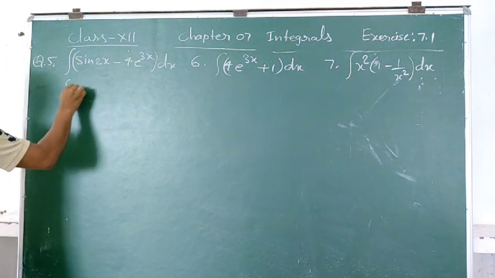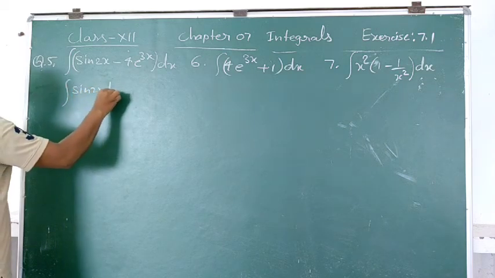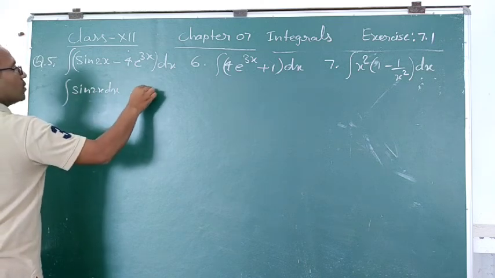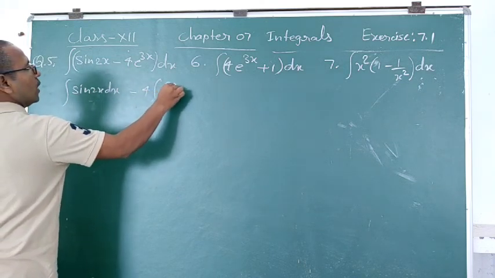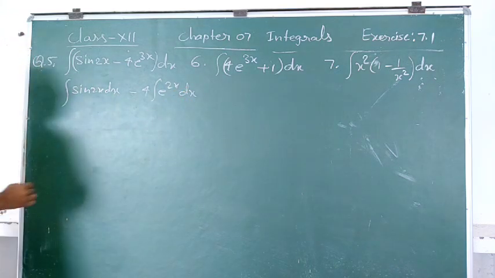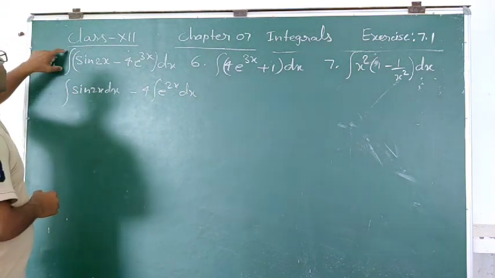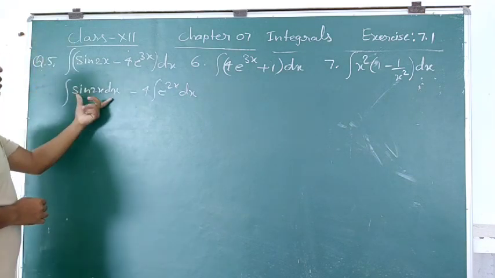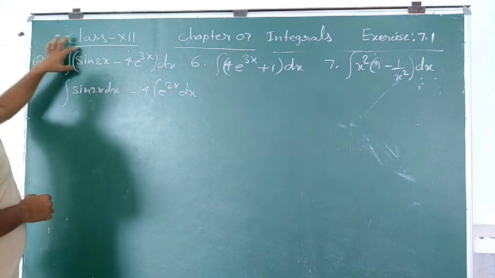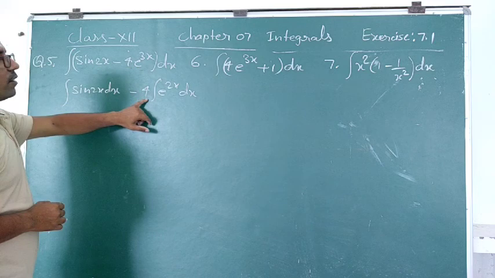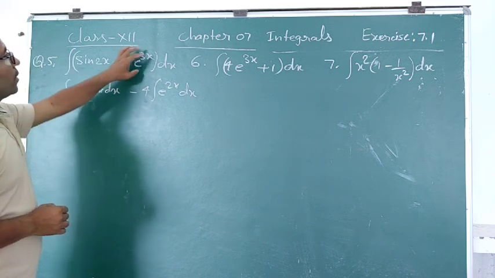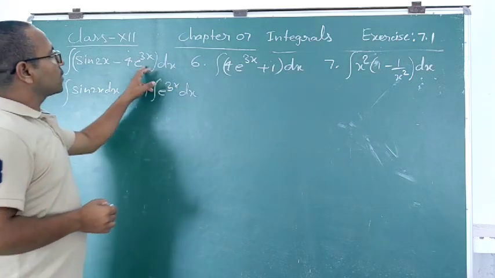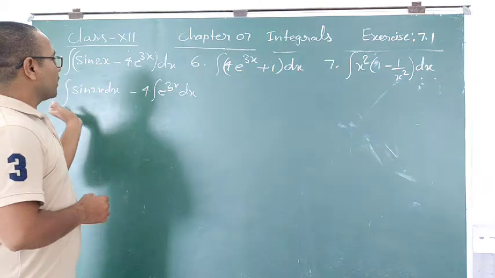Integral sin 2x dx, and again minus 4, which is a constant, will go outside the integral, integral e to the power 3x dx. Students, nothing I have done here, just used the integral with these terms and multiplied dx along with them. 4 is the constant I have taken outside. So now we have separated them.